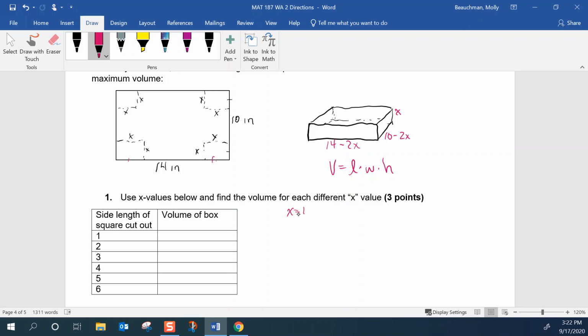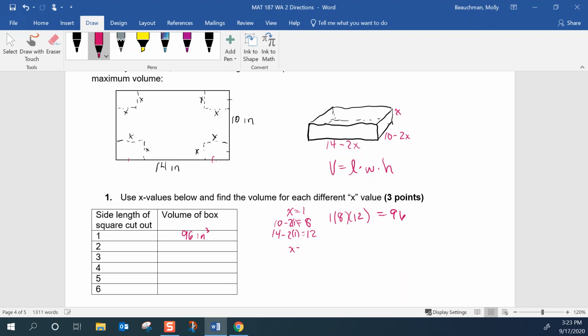If X equals 1, then 10 minus 2X is 10 minus 2, which is 8. 14 minus 2 times 1 is 12. So the volume of your box is 1 times 8 times 12. 12 times 8 is 96, so the volume of your box would be 96 cubic inches. So try it for the other values.